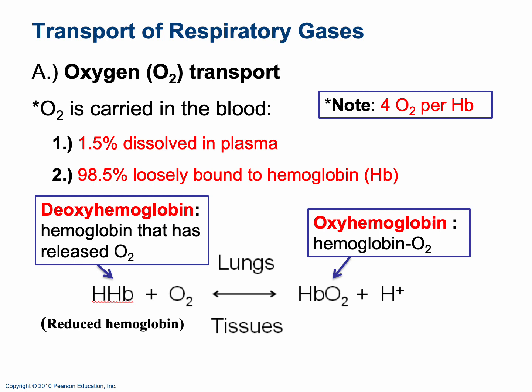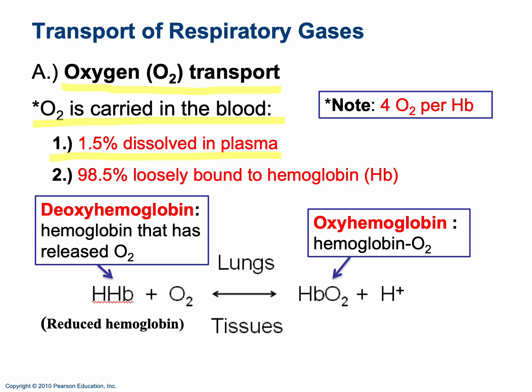So we first are going to focus in on the different methods and how oxygen is transported in the blood. So, oxygen transport. Oxygen is going to be carried in the blood through two major methods. Number one, oxygen can be dissolved in the plasma of the blood, and that percentage is 1.5%.